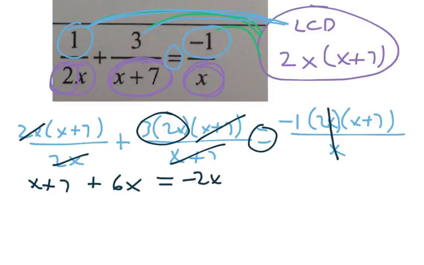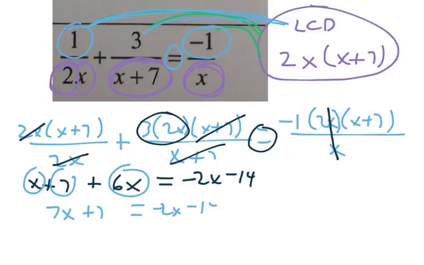Negative 2x minus 14. Okay, guys, now it's just a matter of solving, combining some like terms. I see a 6 and a 1x is 7x plus 7 equals negative 2x minus 14. I'm going to do 2 steps at once.